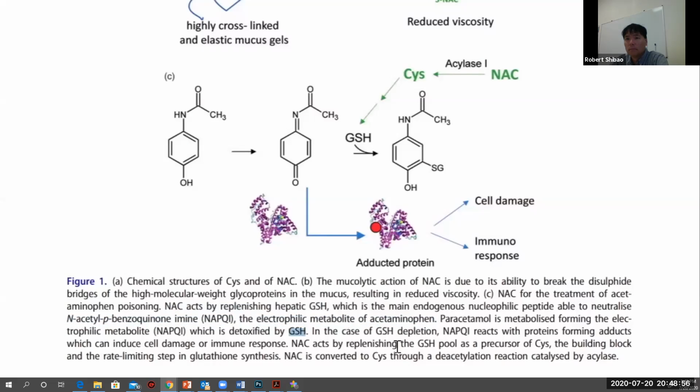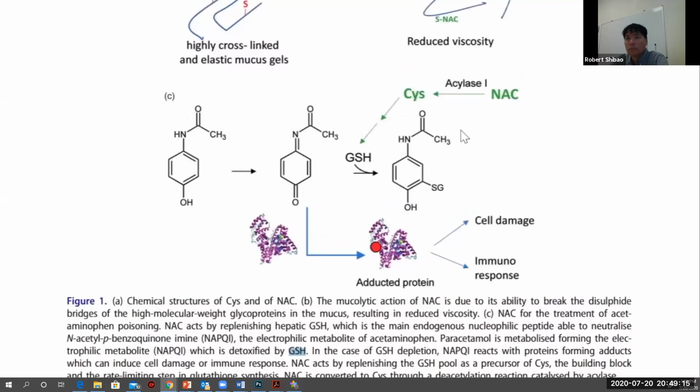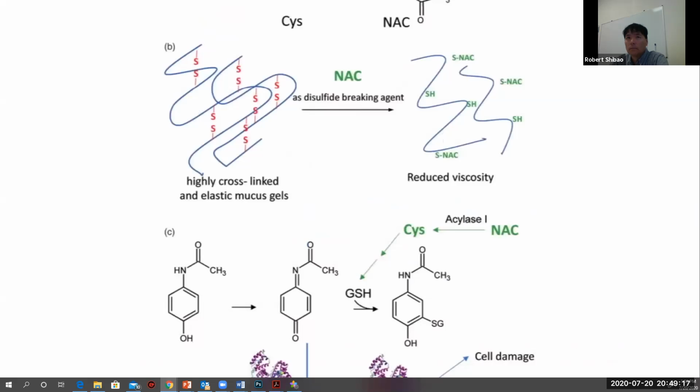In the case of glutathione depletion, NAPQI reacts with proteins here, forming adducts, which can induce cell damage or immune response. And that's how you get liver failure and death. So you can see that NAC is a very important molecule. Not only is it favorable for saving people from Tylenol overdose, but it can also act as a mucolytic, as you can see here. But that's not all that NAC is useful for.